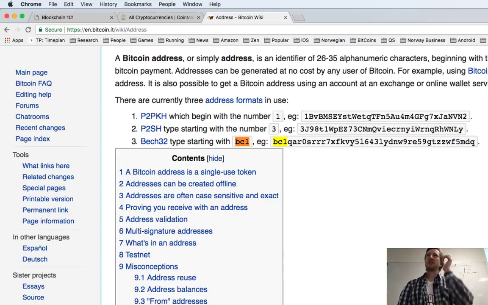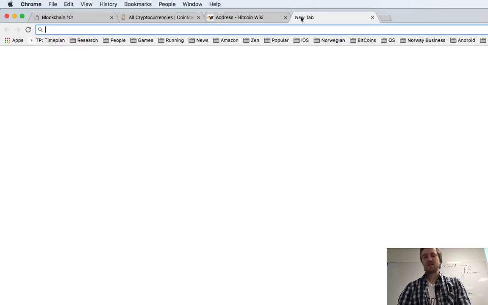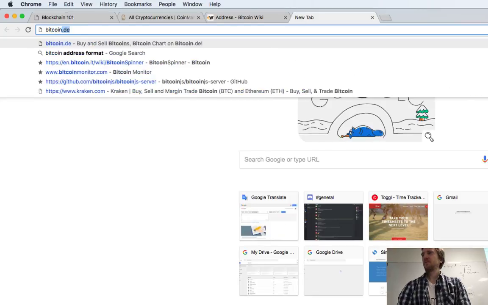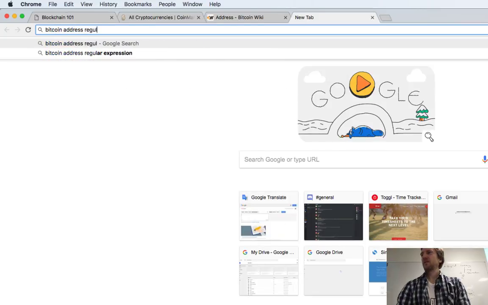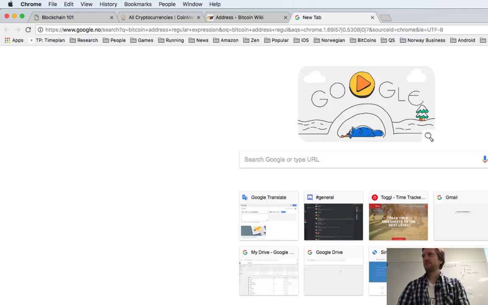I'm searching for exact thing. But if I want to be a little bit vague, what can I use? Regex, regular expressions, right? Do you know regular expressions? Right. Who doesn't know regular expression? We'll Google what it is. What we want is Bitcoin address regular expression.